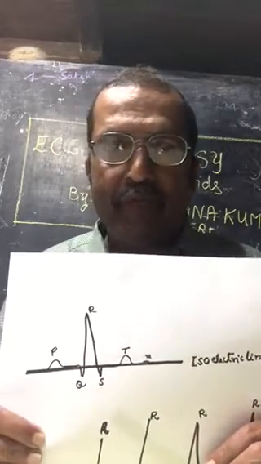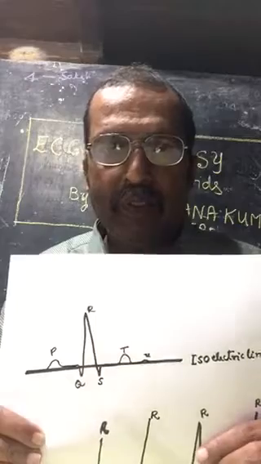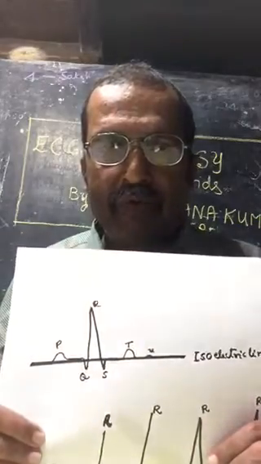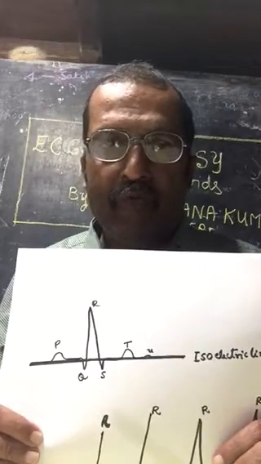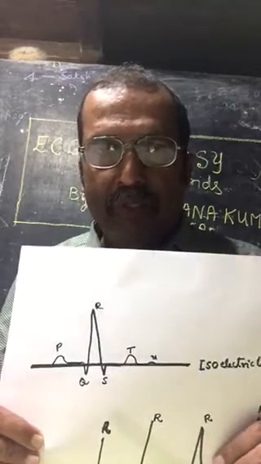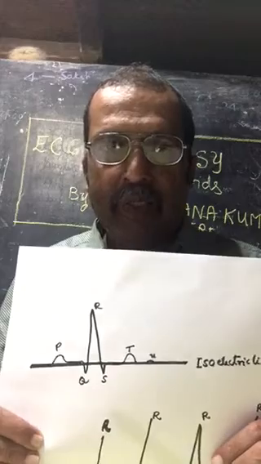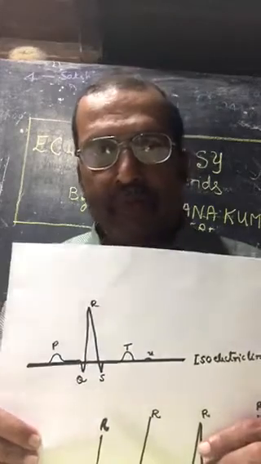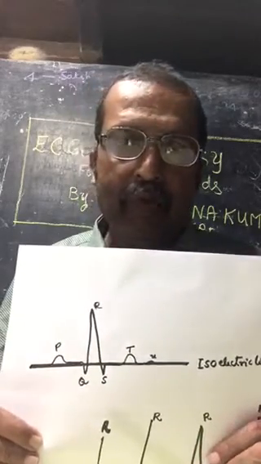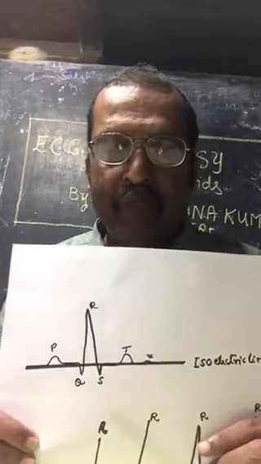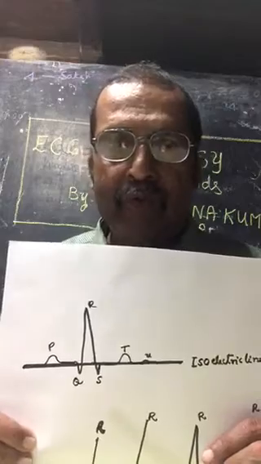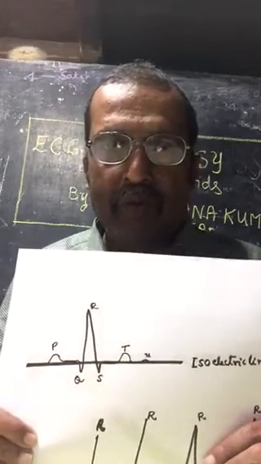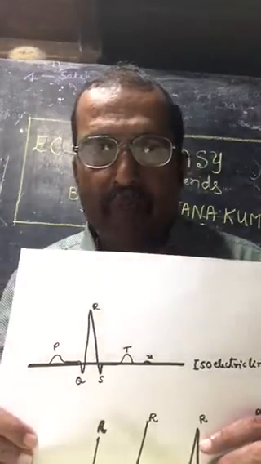If T wave inversion has appeared, it is clearly suggestive that the patient has responded very well to your initial treatment, but still you should speak like a lamp on the wall. You should say the patient has responded. It is not fair to say he has already recovered from MI.